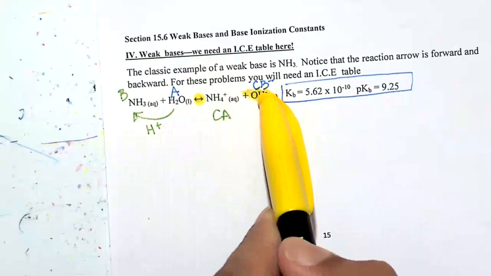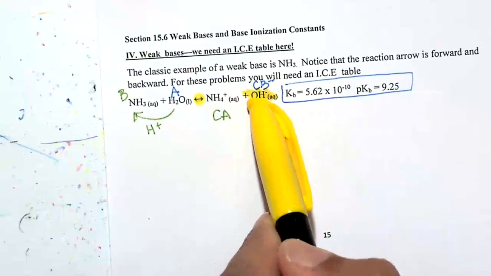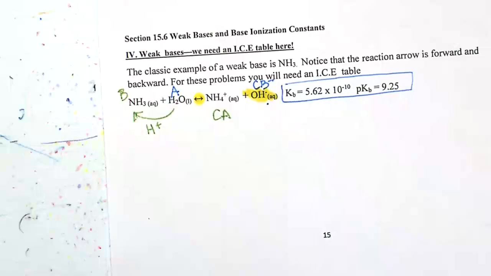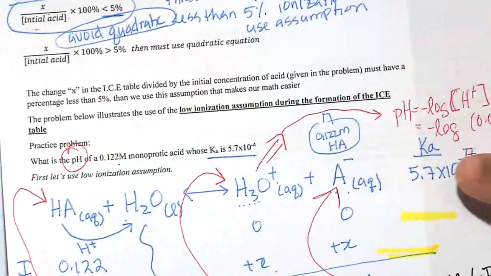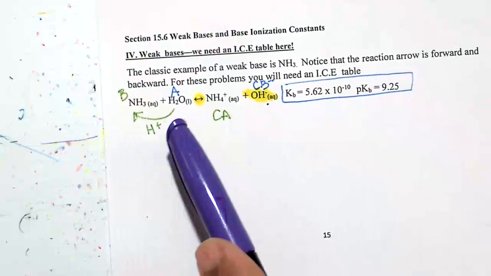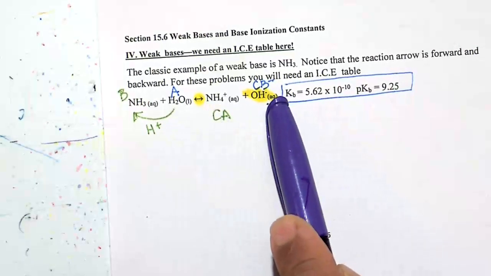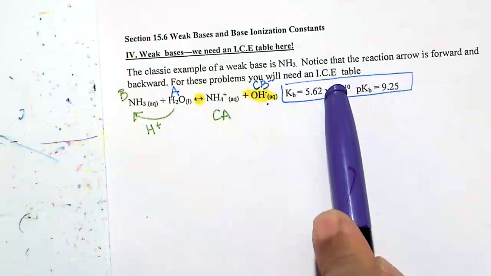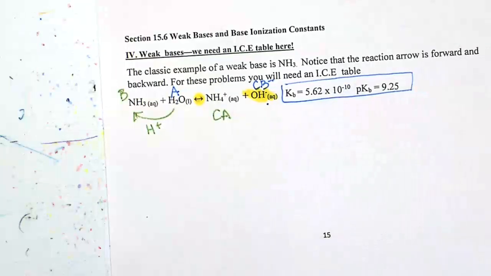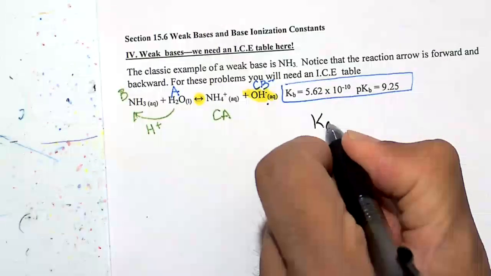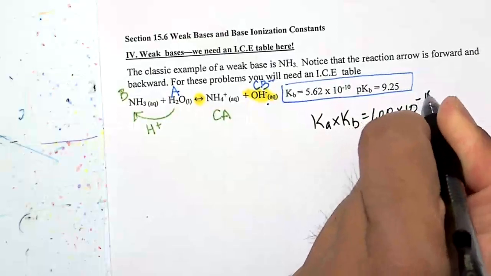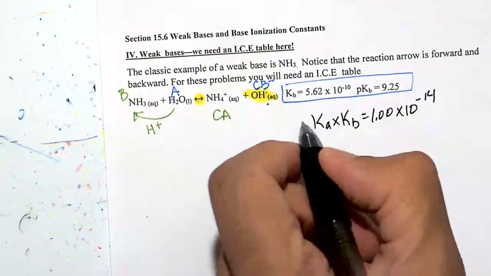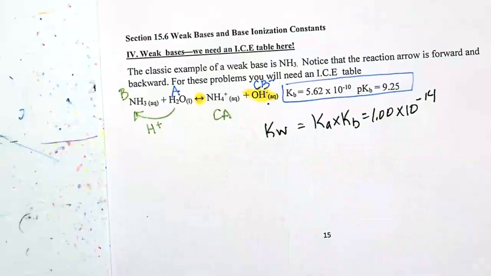But the base reacting with water to give you OH minus and the conjugate acid, that's Kb. So Ka, Kb. And let's not forget Ka times Kb is 1.00 times 10 to the minus 14, which is actually Kw.